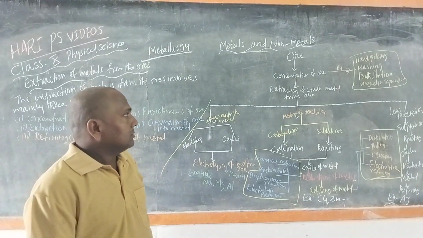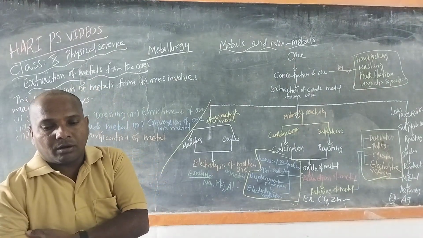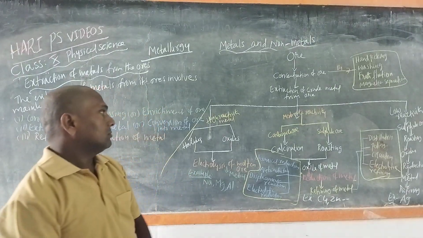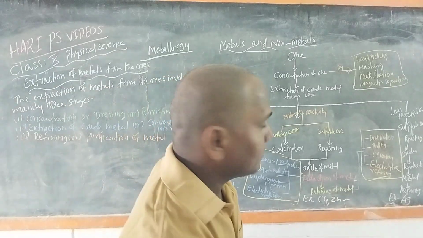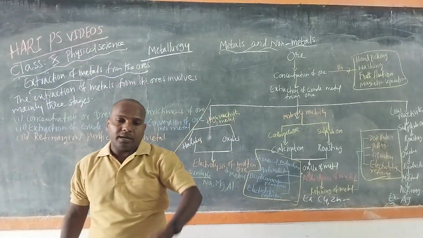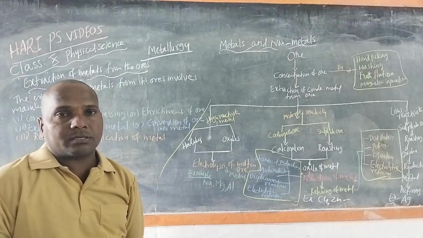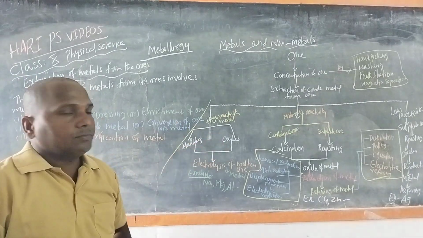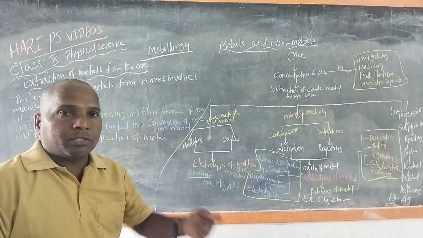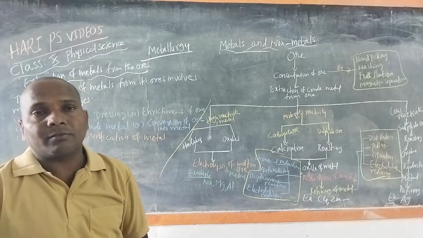Let's understand them one by one, starting with concentration of the ore. I will send a picture of this extraction of metals flowchart. Please see it, and if possible note it down in your notebook, then you will understand very easily what process is involved.